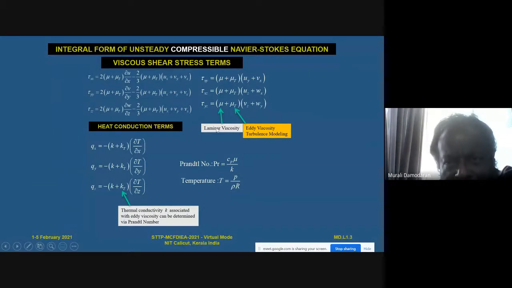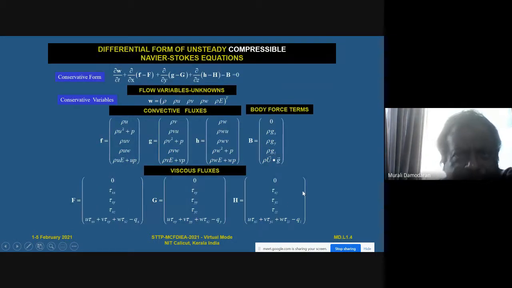This is useful if you're using LES and RANS models. But for DNS, I don't need to model any of this turbulence. I will just use the Navier-Stokes equations as they are. But for that, I require tremendous computational resources, which most of us do not have access to.